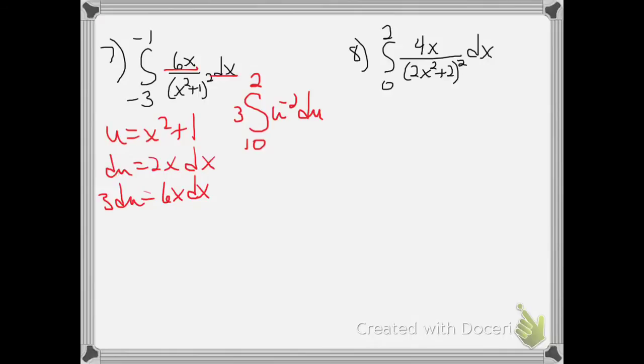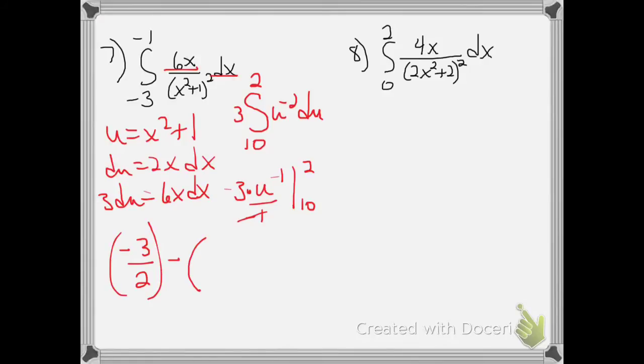Now I'm going to integrate, and I'm going to end up with 3 times u to the negative 1 over negative 1, which will make this a negative 3. And I'm going to plug in 2 first, so it'll be negative 3 over 2, minus what I get when I plug in 10, which would be negative 3 over 10.